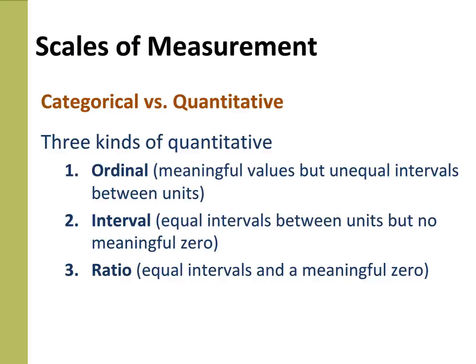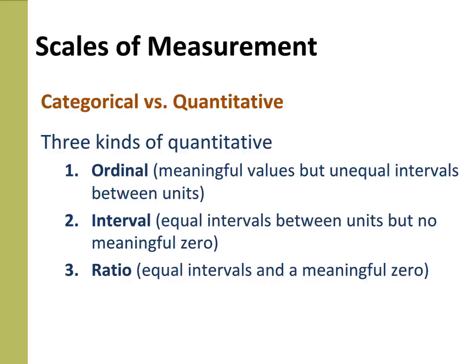So let's start by talking about the difference between the main 2 categories of variables. Categorical versus the quantitative variables, which again include ordinal, interval, and ratio. Categorical variables are also known as nominal variables. So if you take a stats class in your future and you hear the word nominal variables, it means the same thing.